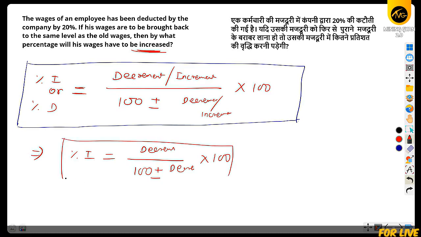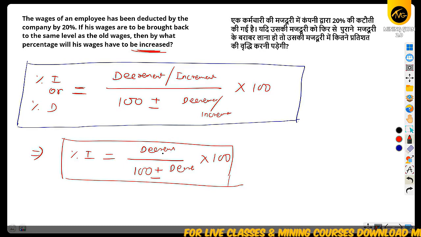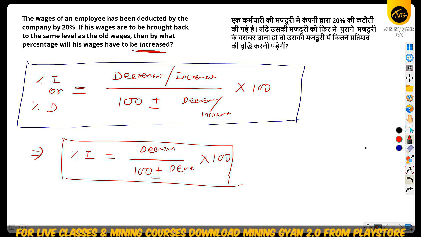So now you can see, if you want to find out the percentage increment, you use the decrement formula, decrement divided by 100 plus minus decrement. In this case you can consider the minus sign, divided by 100 minus decrement.